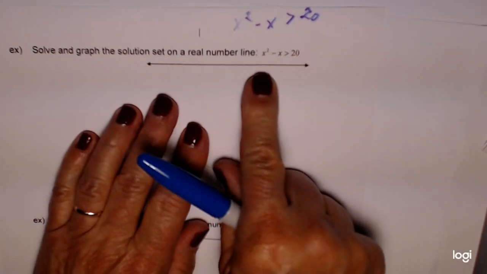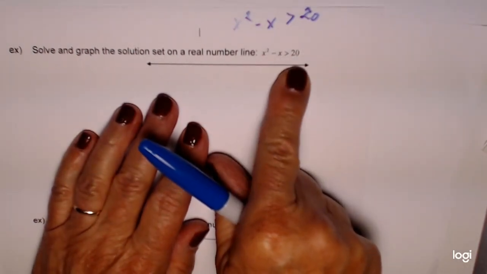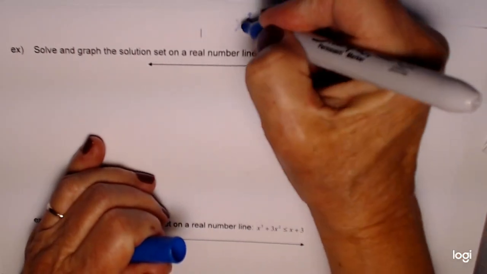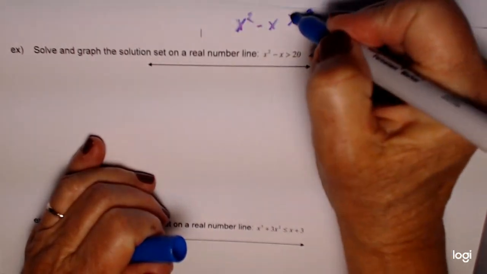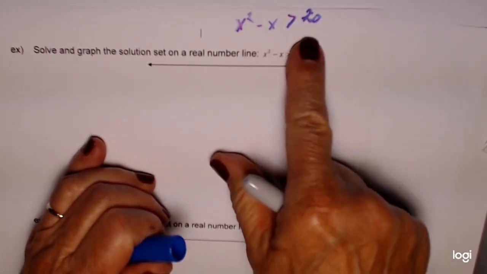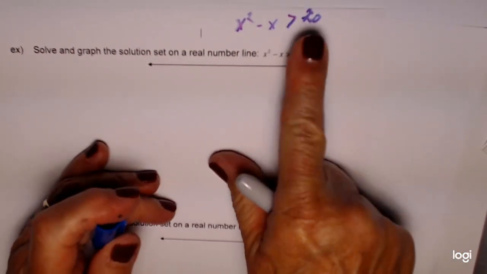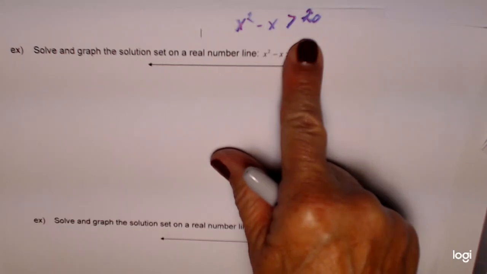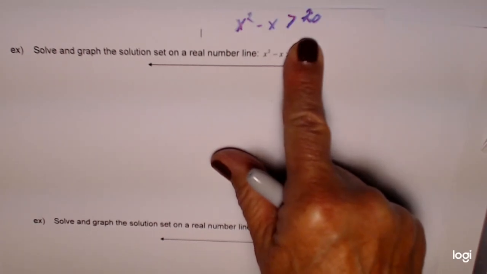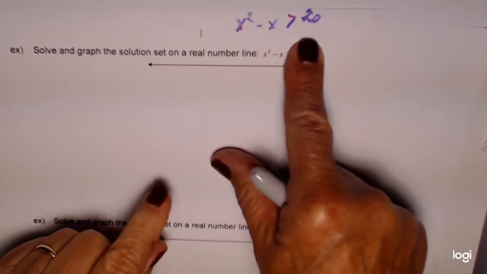So we have x squared minus x is greater than 20, which I've written here. Very ugly looking 20, but that's what it is. Remember, in order to proceed with these, we're looking for positive and negative intervals. So that translates to, are we looking for greater than or less than 0?